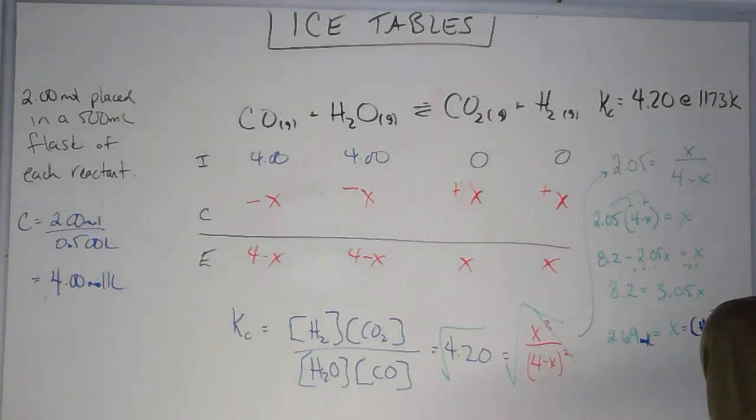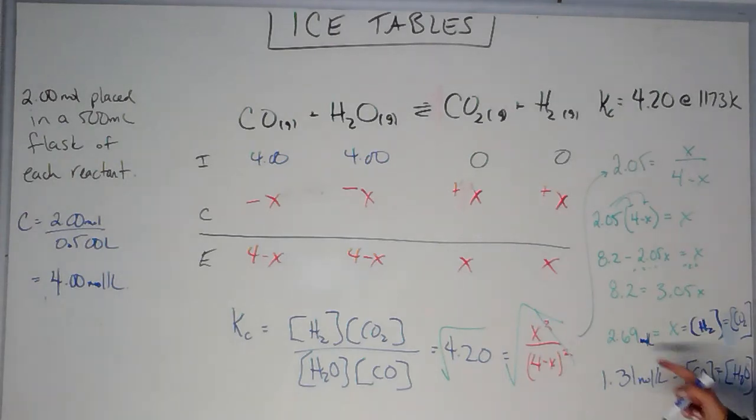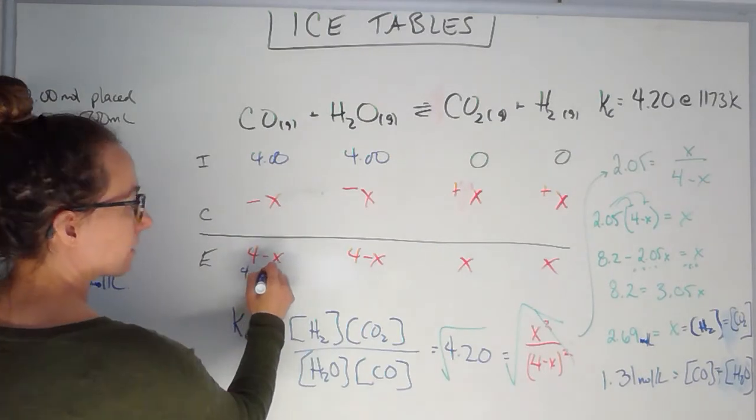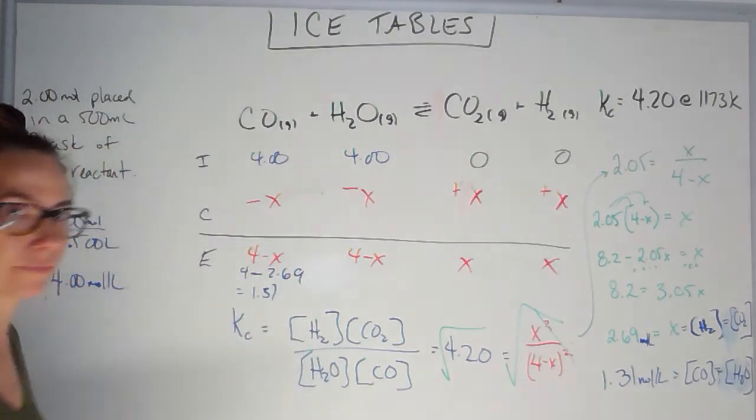So 4 minus 2.69 is 1.31 moles per liter, which is equal to my carbon monoxide and also my water vapor concentration, because those are 4 minus the 2.69, which equals the 1.31.